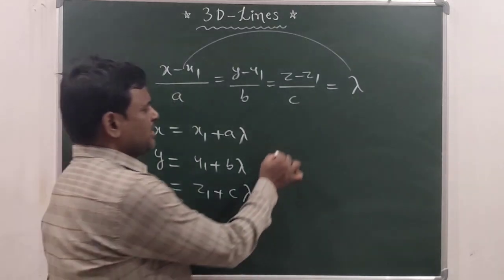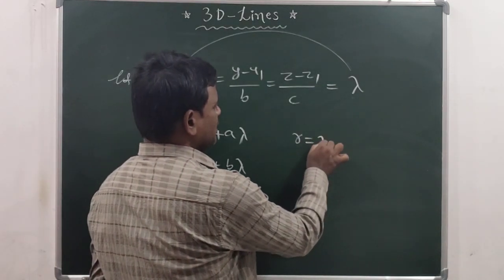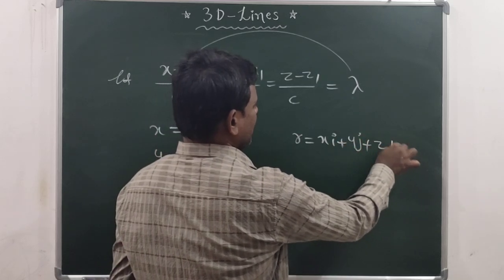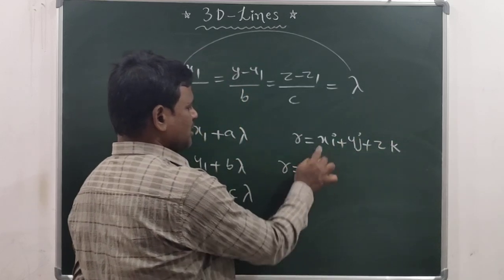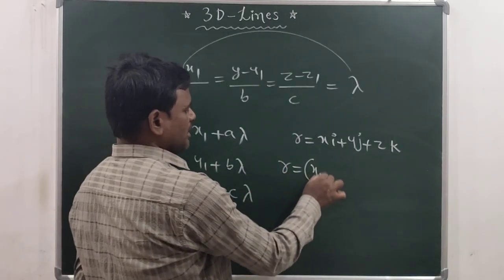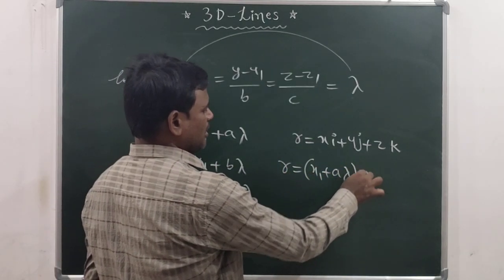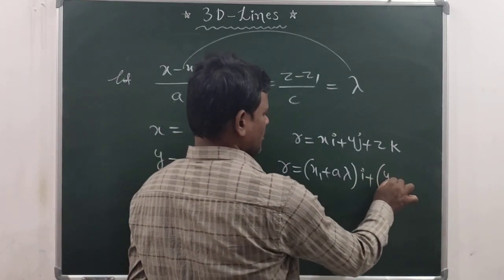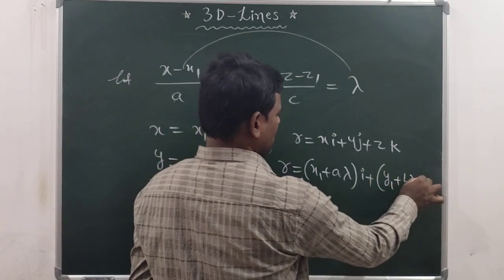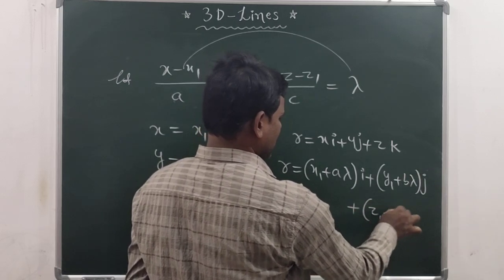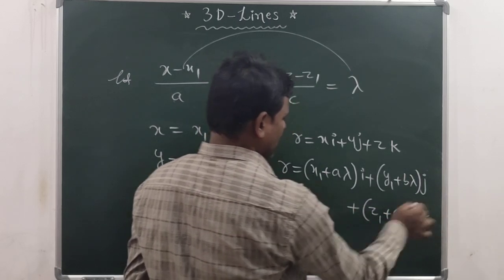Now you know the resultant vector r equal to xi plus yj plus zk. So in the place of x, write this. If I write here x1 plus a lambda i plus y1 plus b lambda j, now z1 plus c lambda k.